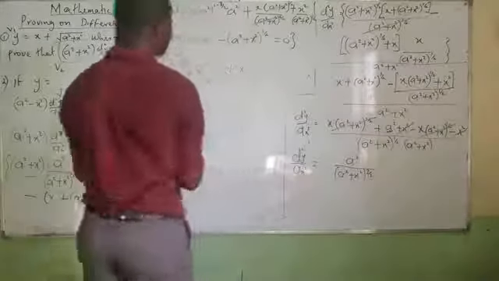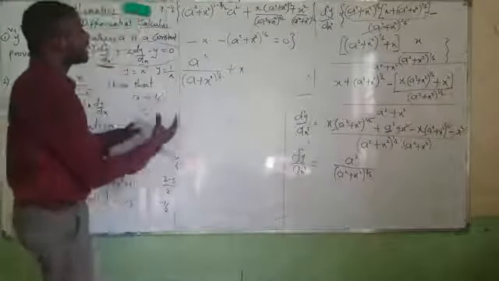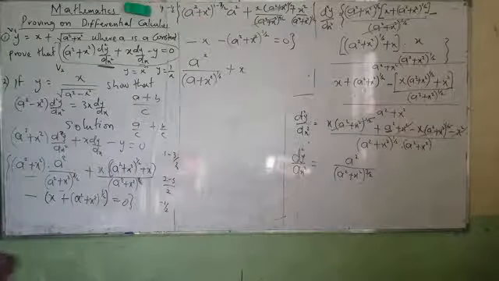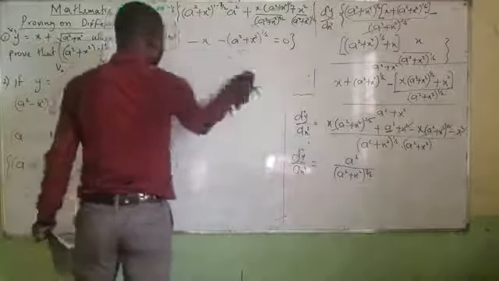Okay, for those that are learning, maybe they will be able to understand, but let me try to make it simplified, for those that are not very good in indices.